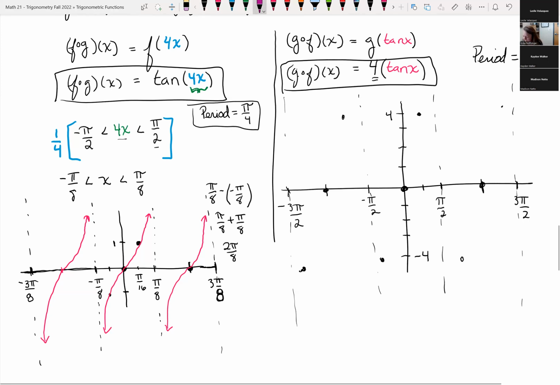So it just looks the same, except it's stretching more. There's some curvature in here.